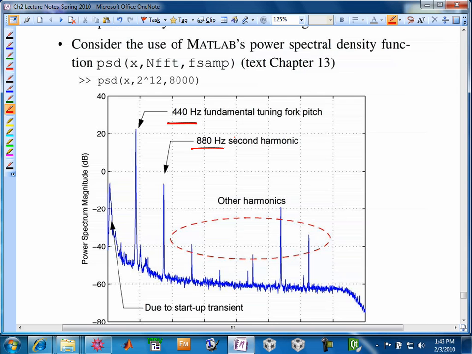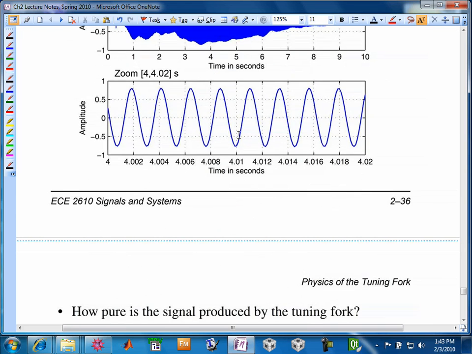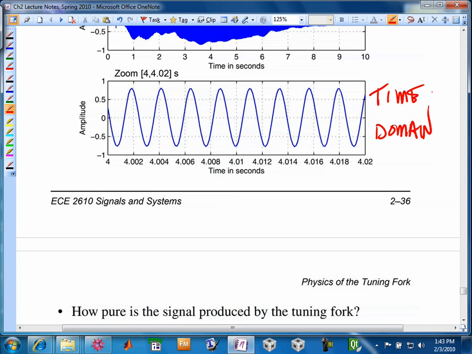But another dimension of looking at the signal, this plot right here, is called the time domain, meaning that we see the wave shape as a function of time. We started off just a couple weeks ago looking at the cosine wave and saying, oh, in trigonometry, that was just a function, right?